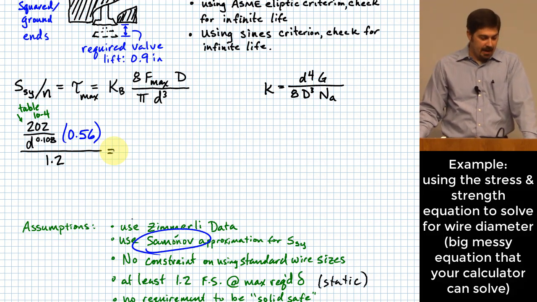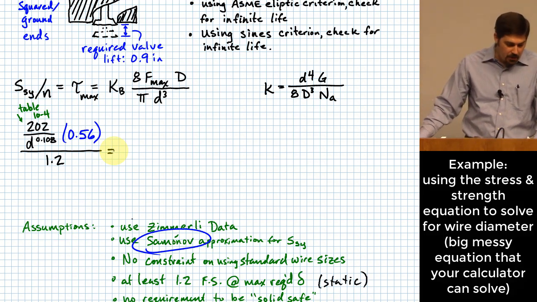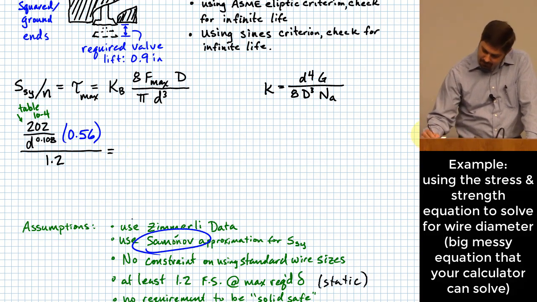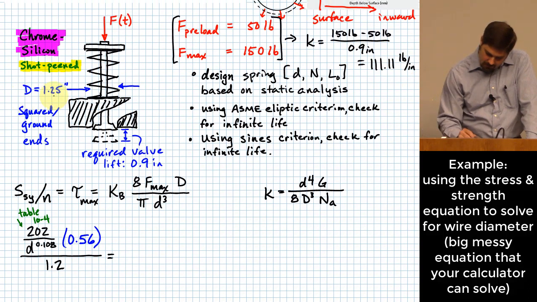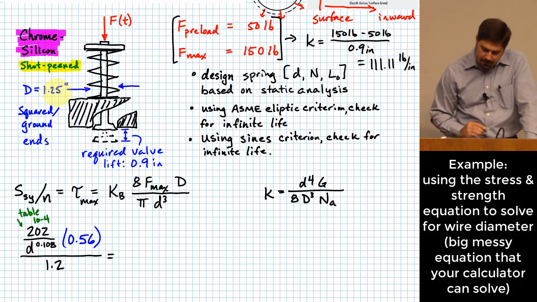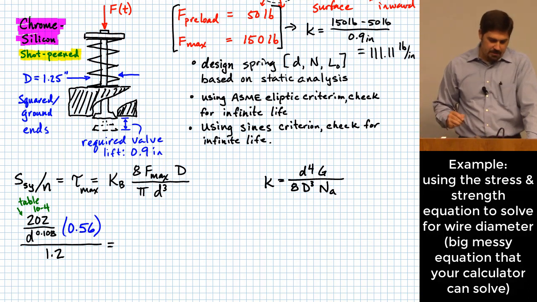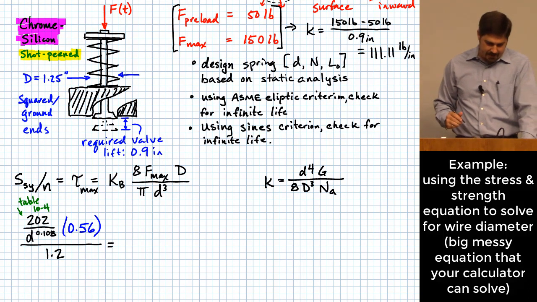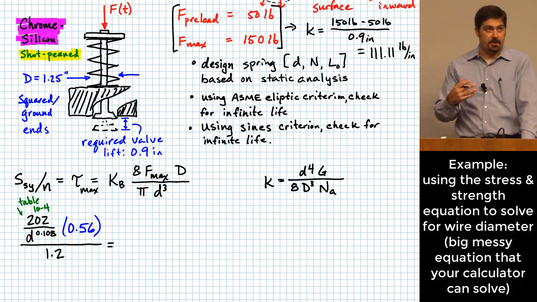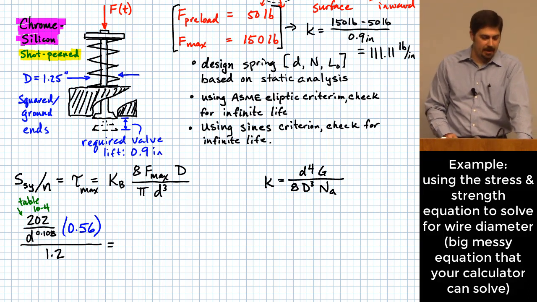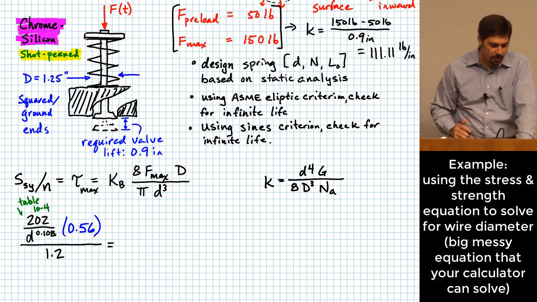And spring index is the ratio of mean coil diameter to wire diameter. Okay, what is mean coil diameter? Given at the very beginning, 1.25 inches. So I won't make it in terms of the spring index. I'll actually go ahead and substitute the diameter values for spring index into the Bergstresser factor equation.